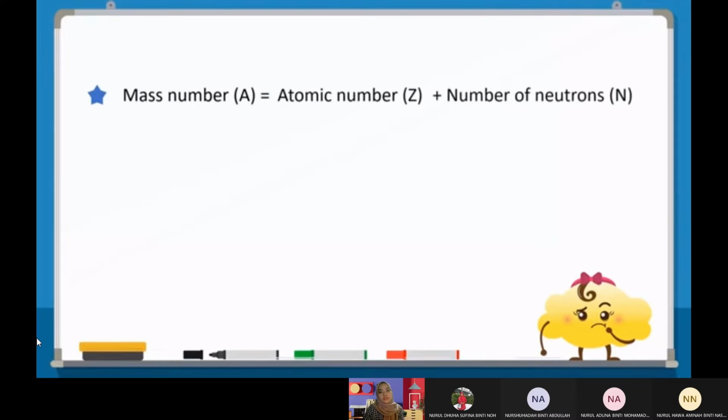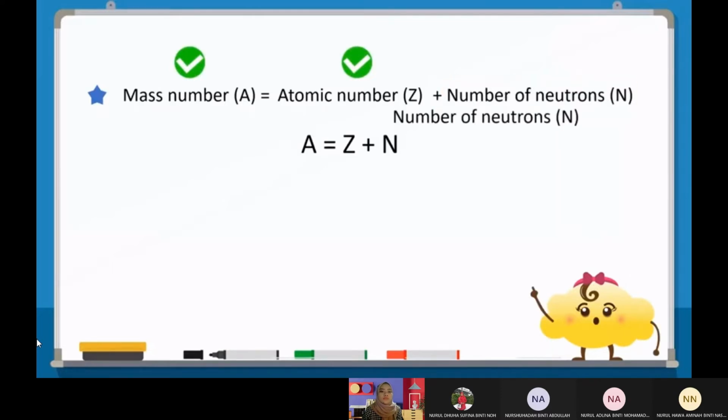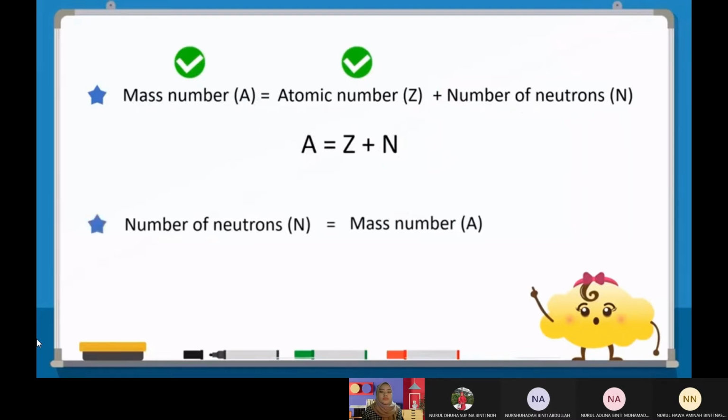The neutron number is denoted by a capital N. So, A is equal to Z plus N is the formula for calculating the mass number. If we know the mass number and atomic number, we can calculate the number of neutrons in an element. Number of neutrons equals the mass number minus the atomic number. So, N is equal to A minus Z.